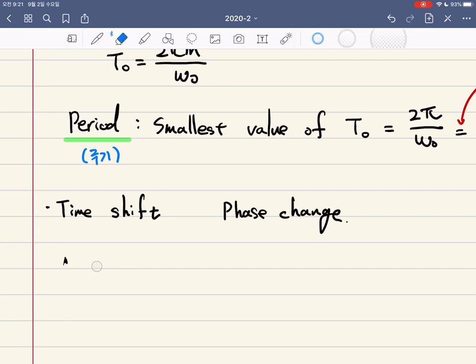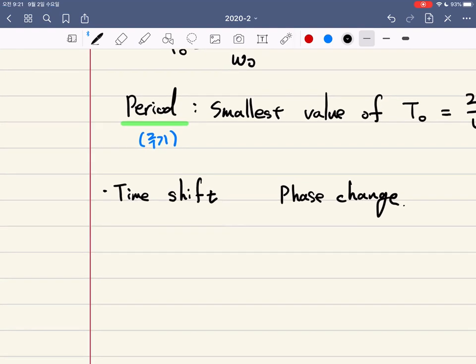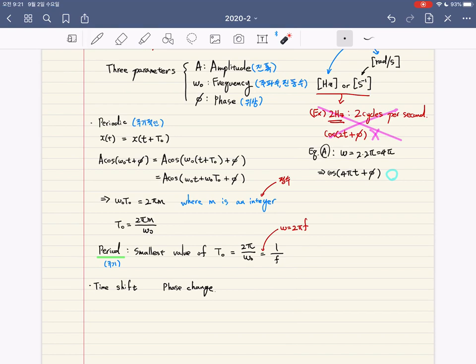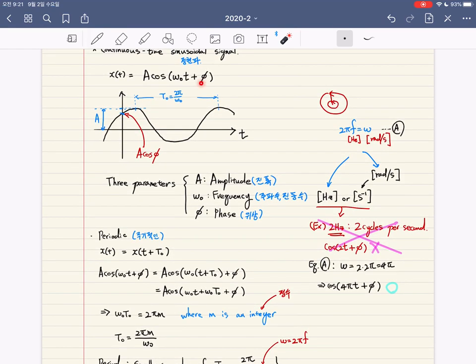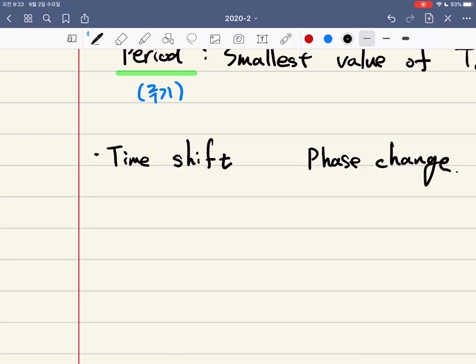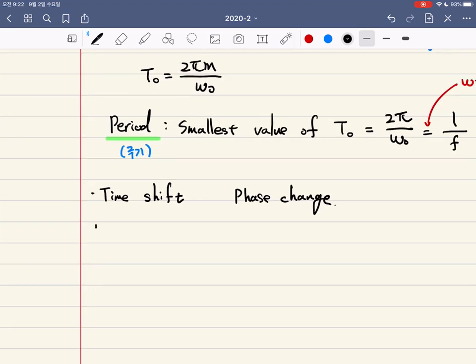If we think of the sinusoidal signal without the phi here, and imagine that we just have a times cosine omega t, and with that equation, if you substitute t as t plus t0, then it becomes this equation.